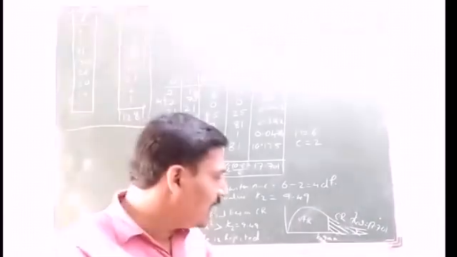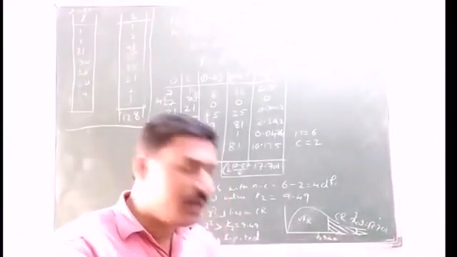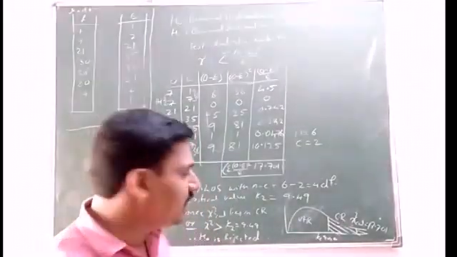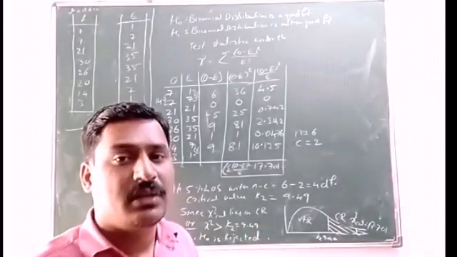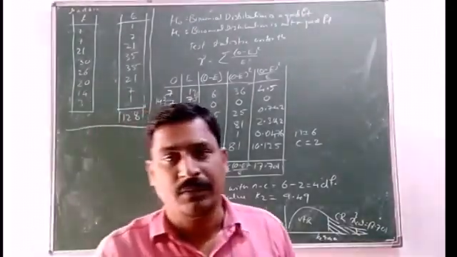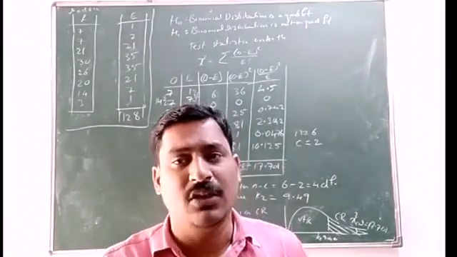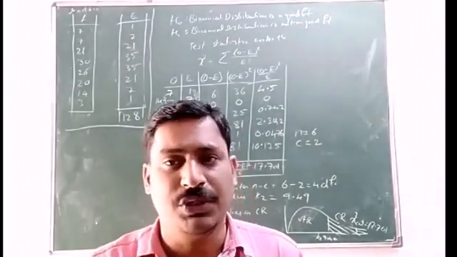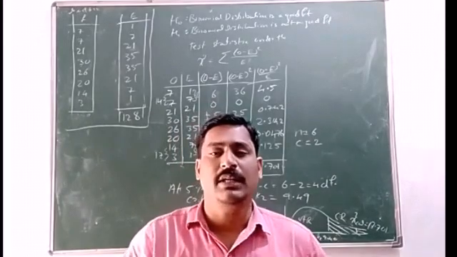In the diagram, the calculated chi-square value lies in the critical region. Since it is greater than the table value 9.49, H0 is rejected. That means the conclusion is that the binomial distribution is not a good fit for the given distribution. So the final conclusion is binomial distribution is not a good fit.